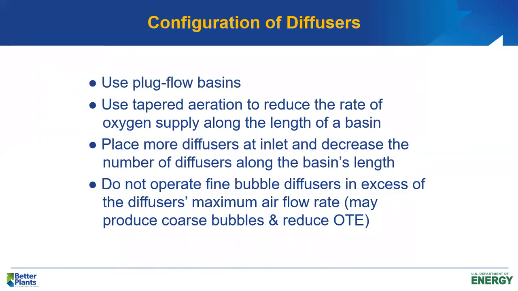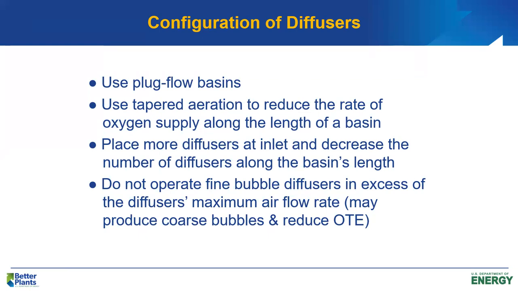So the configuration of the diffusers is very important. Again, the diffusers in a diffused air system are located typically about a foot off the bottom of the reactor. The air goes from the blower through the piping network into the diffusers, and the air is bubbled into the reactor contents as it comes out of the diffusers.